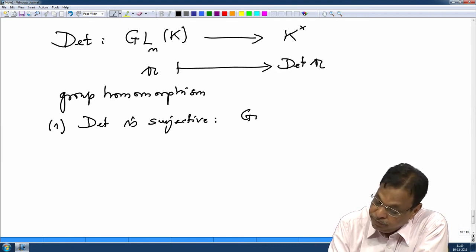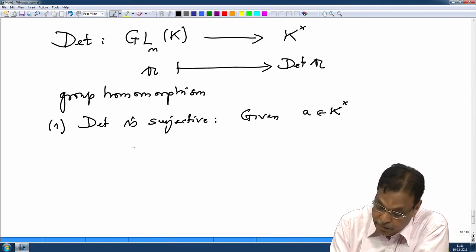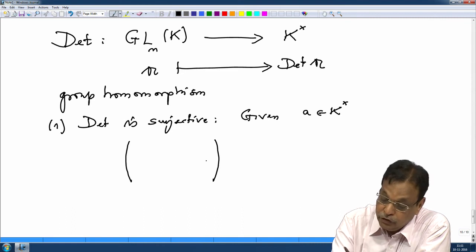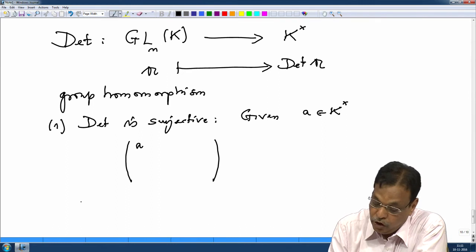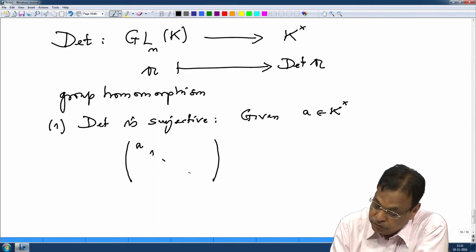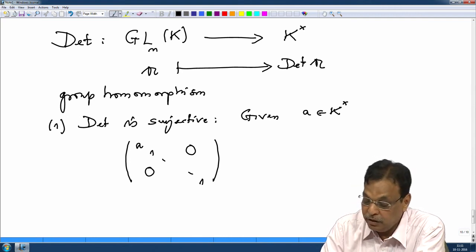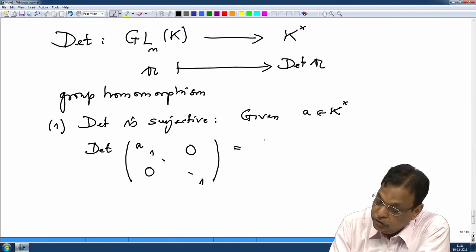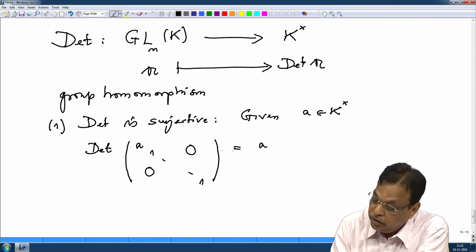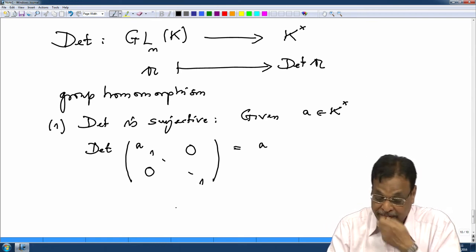So given a non-zero scalar a, look at the matrix, n is fixed: you put a on the top entry of the main diagonal and put the remaining entries to be 1s, and then this is the special matrix. The determinant of this matrix is obviously the product of the diagonal entries, which is a. So therefore, a is in the image of this map. So the determinant map is surjective.